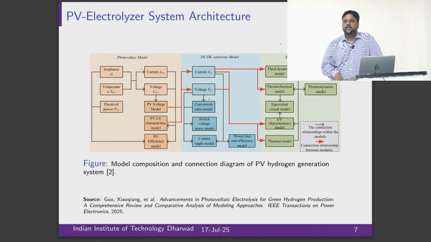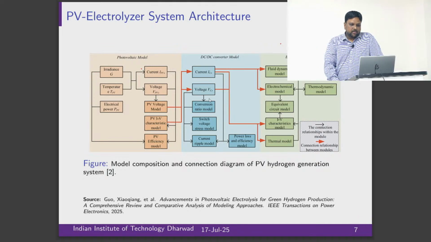Similarly, for solar PV panels, depending upon how much power, voltage, and current you want at the output, panels can be arranged in series, parallel, or both series and parallel combination. You can also arrange the solar inverters as a central inverter or string inverter, depending upon whether you want centralized solar or distributed solar.